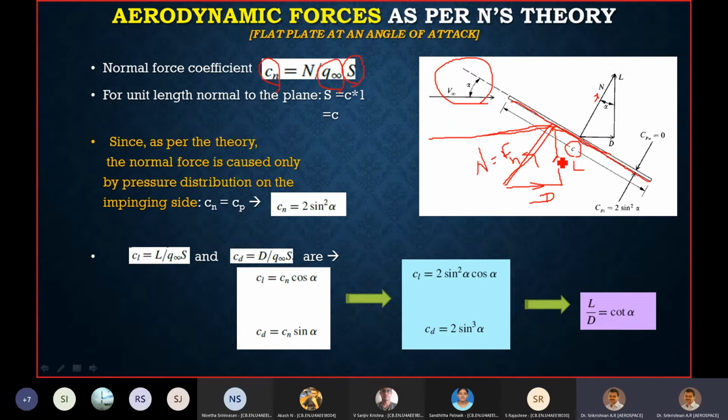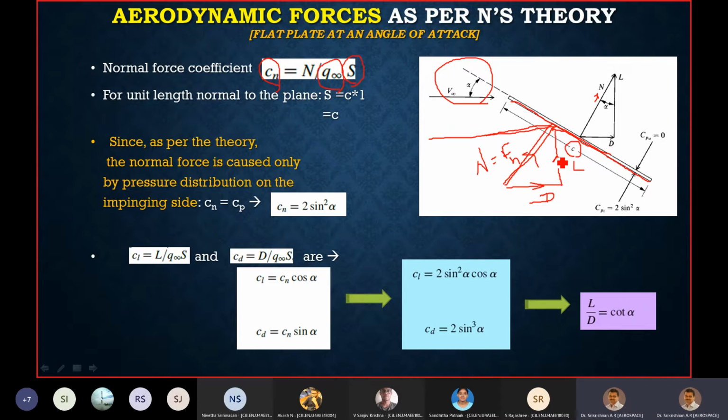So as per the theory, Cn is equal to Cp. Why is Cn equal to Cp? Because Cp is the pressure distribution on the face where the flow is impinging, and there is no pressure on the other side, so you don't have to take Cp1 minus Cp2, because it's only on one face.